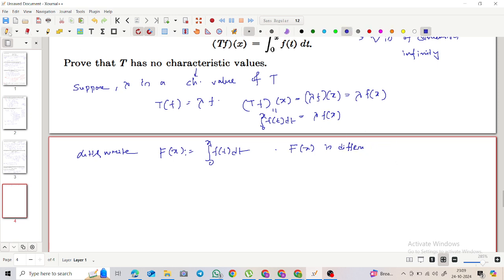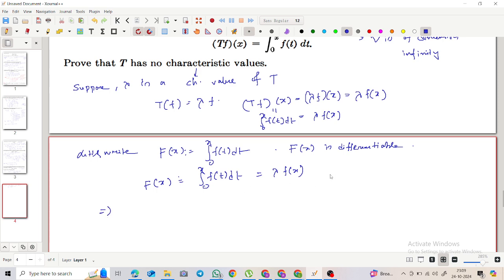F(x) is differentiable, no? Because it is the integration of a continuous function, the primitive of a continuous function. So F(x) is the integral from 0 to x of f(t) dt is equal to lambda f(x).